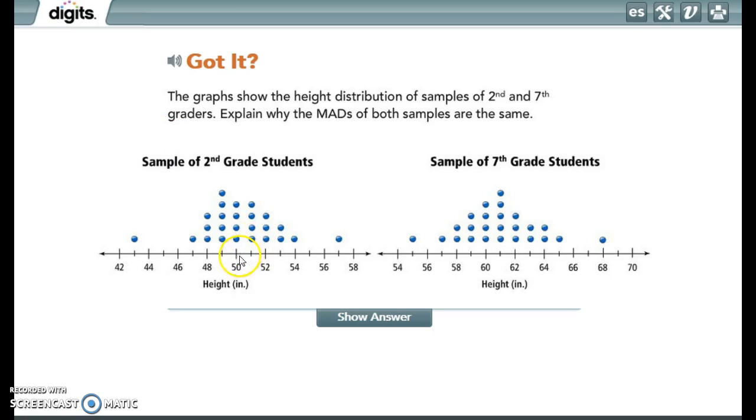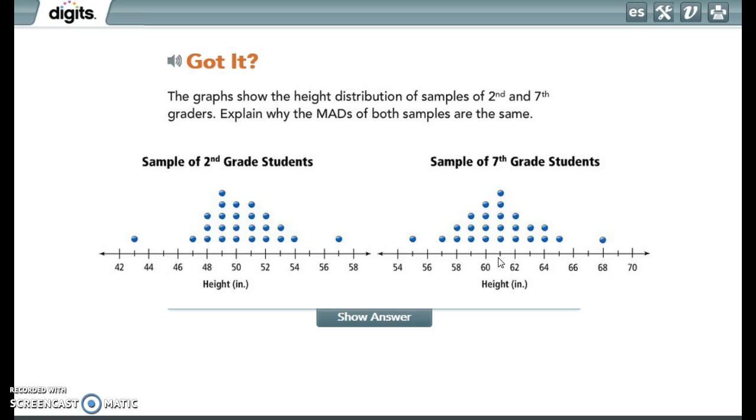So in 2nd grade, the mean height was 50. And so when we found the mean absolute deviation, we said that on average, students are about 2 inches away from this mean. With 7th graders, their height was a lot higher. It was 61 inches. So when we found the mean absolute deviation, we found that on average, 7th graders are about 2 inches away from the mean.